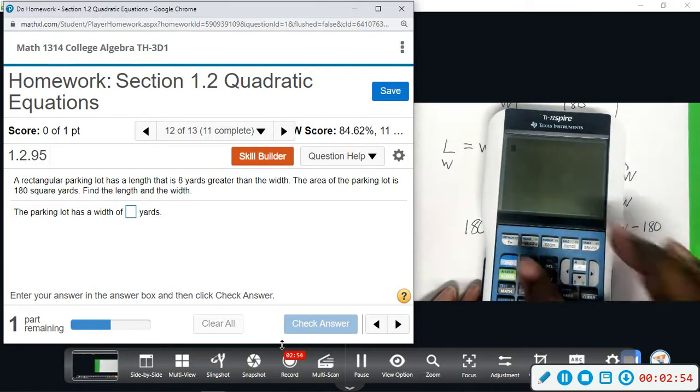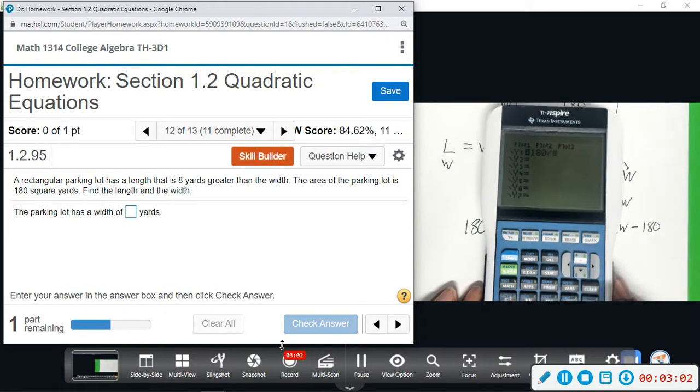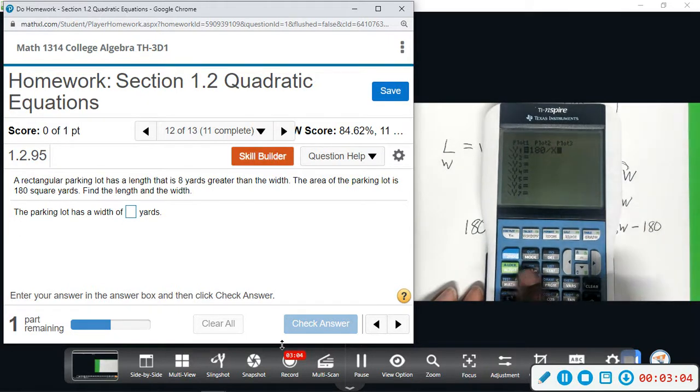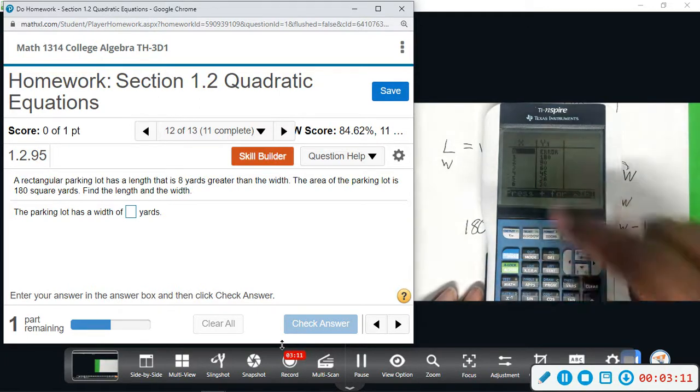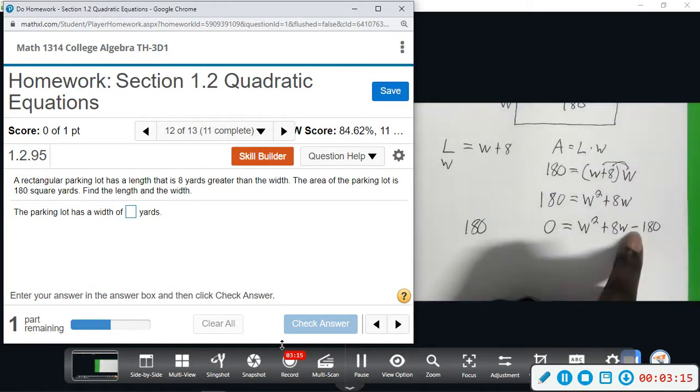So how do we do that again? Y equal, type in the number you're trying to factor, 180, and then divided by x. It's the button right next to alpha to get x. And then you do second, and the graph button gives you a list. So I know that I'm looking for the ones that I subtract to get 8.